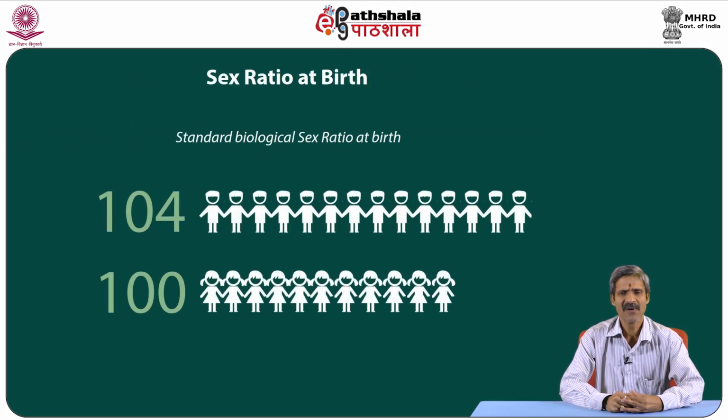Let us now try to move to sex ratio at birth. The standard biological sex ratio at birth is around 104 to 106 boys per 100 girls. Sex ratios above this range indicate the use of practices and methods, including sex selective abortion, to realize strong preference for sons.